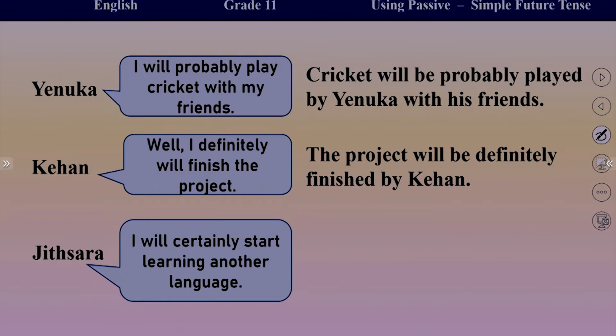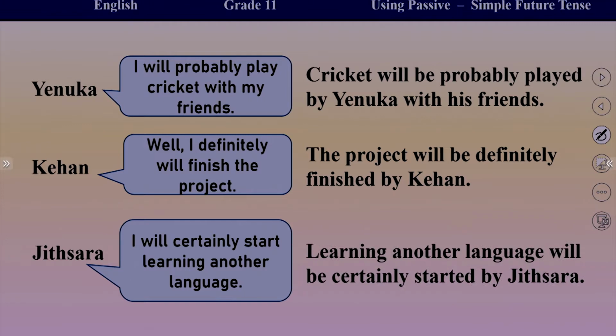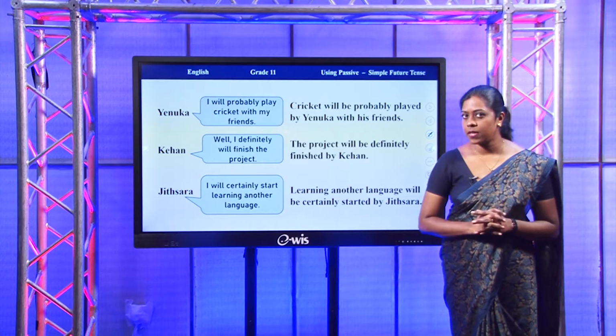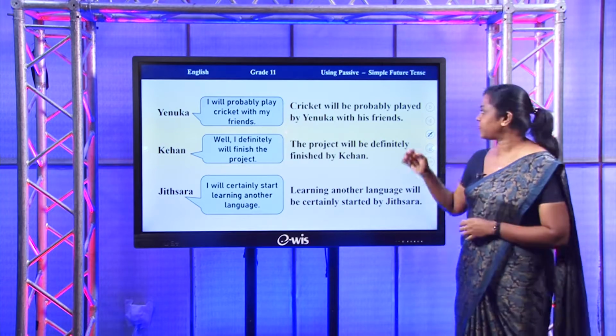And finally, Jitsara, she says, "I will certainly start learning another language." Quite interesting, isn't it? And we can say, learning another language will be certainly started by Jitsara. Right. Hope the lesson is clear up to that because I'm going to take you to another section now.